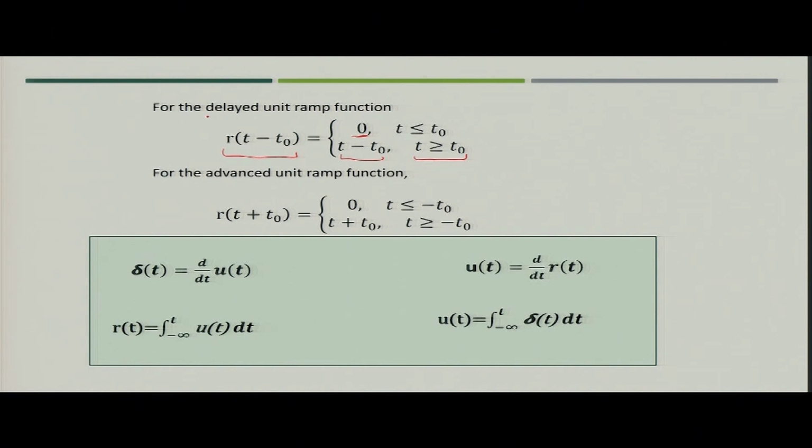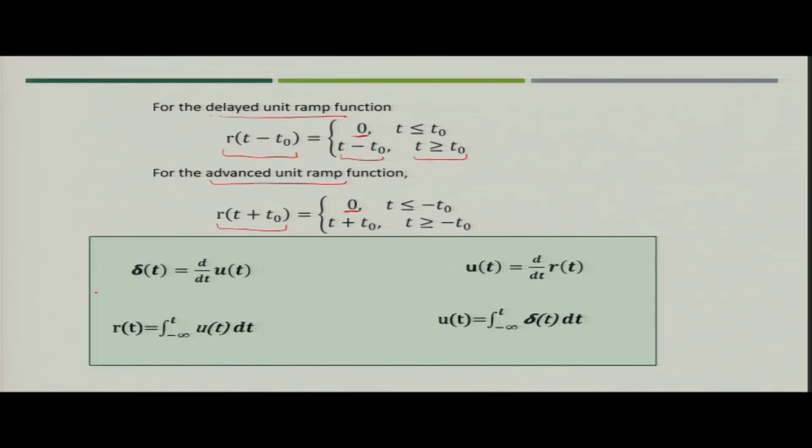When you define the advanced unit ramp function r of t plus t naught, the value is 0 when time t is less than or equal to minus t naught, and it is t plus t naught when time t is greater than or equal to minus t naught.